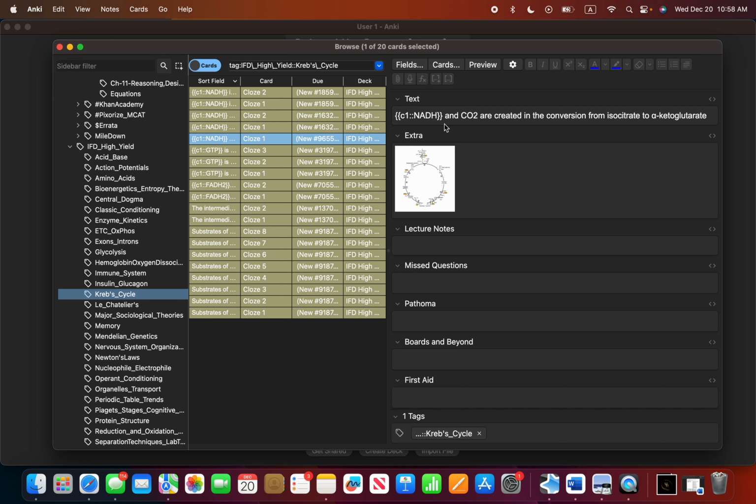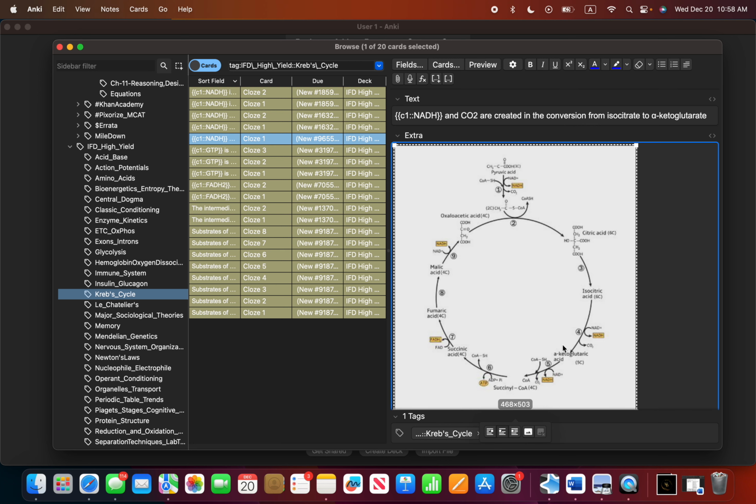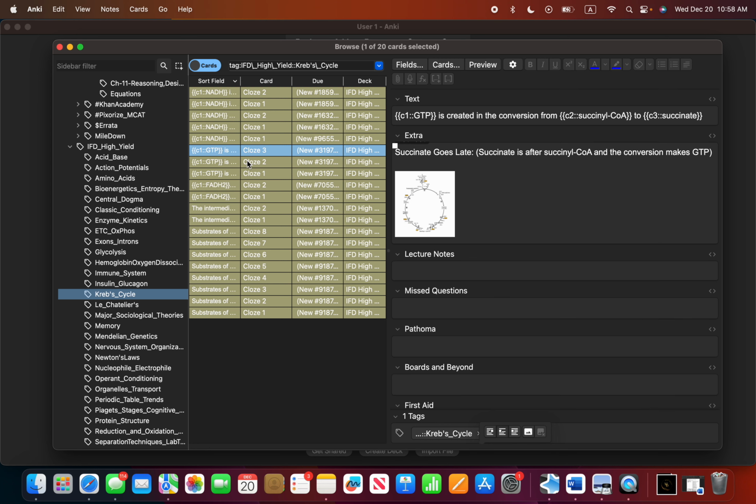Again, NADH and CO2 are created in the conversion from isocitrate to alpha ketoglutarate. It's one step before that, step 4. GTP is created in the conversion from succinyl CoA to succinate. We have something here.